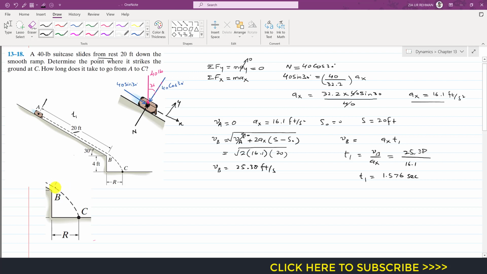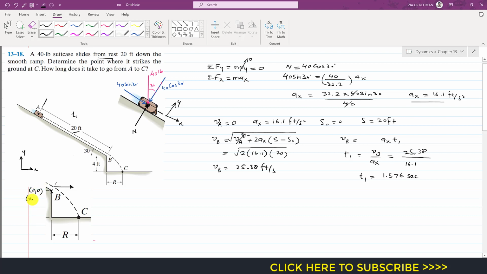One component acts in the positive x direction. This is my positive x and this is my positive y direction, right. At this particular point the coordinates are 0, 0.